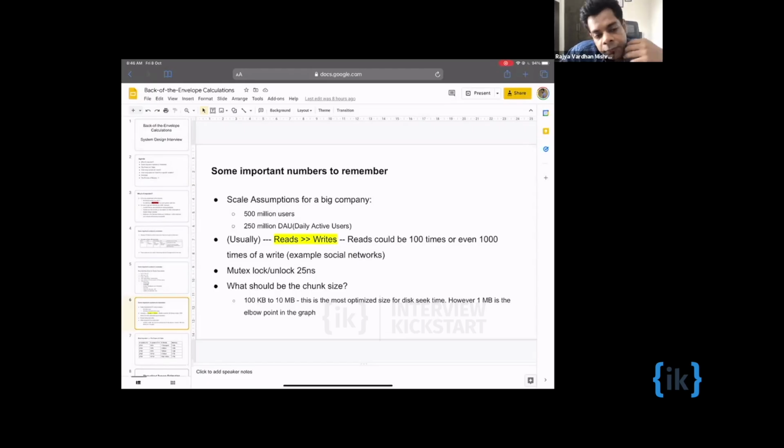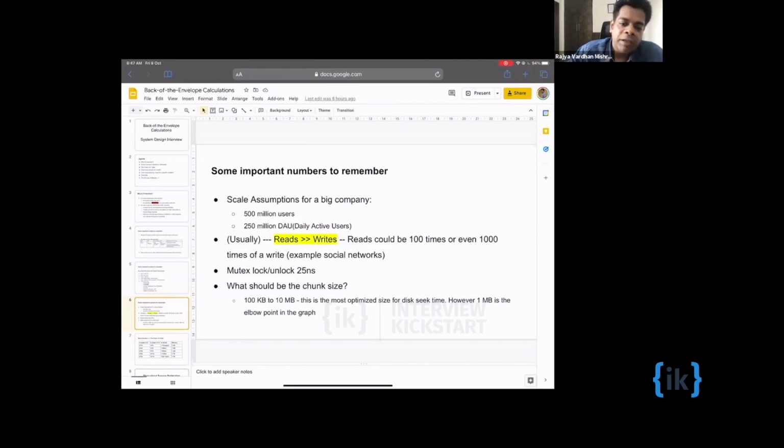Second thing, usually the reads are much, much higher than writes. So for example, in social networks like Twitter, let's say one person sends a tweet, and if that person has 100 or 200 followers, then that one write is going to be read almost 100 or 200 times. Right?